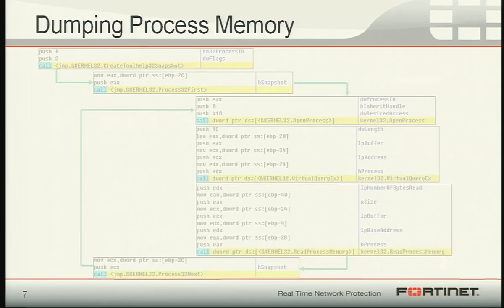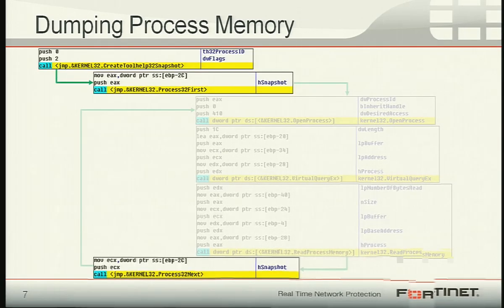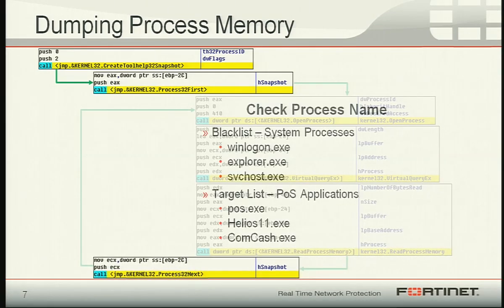Moving right into it, dumping of process memory begins with the process iteration function, and typically either the CreateToolhelp32Snapshot or EnumProcesses API is used to create a list of running processes. At this point, the malware will typically check the process name against either a blacklist, which contains system processes, or a target list, which is related to point-of-sale applications, or applications that are processing the transaction.